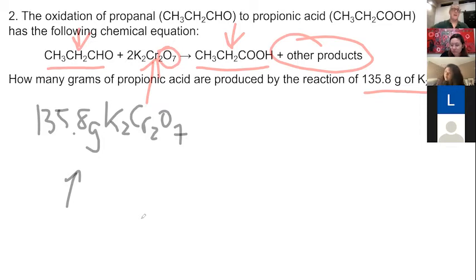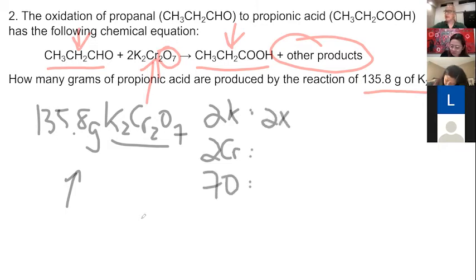So how many potassium atoms do I have? 2. We don't have 4, because we're just looking at the mass of this. We're not concerning ourselves with the equation just yet. Yes, we have 2 potassiums. How many chromiums? 2. And then 7 oxygens.